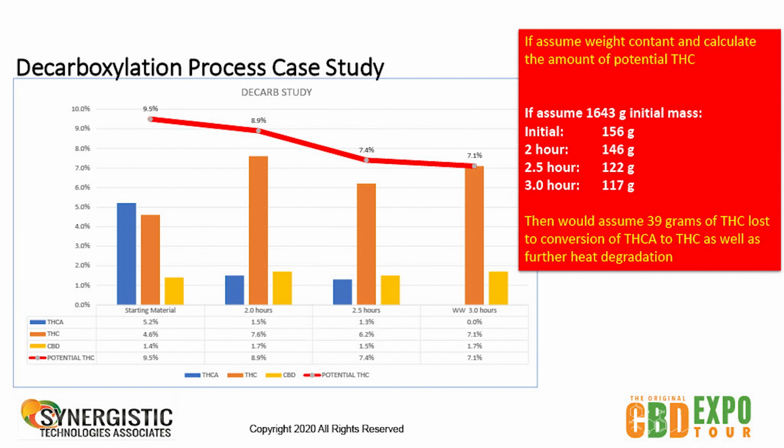Now there's a couple things that can happen. If you assume that the weight is constant and you calculate the potential amount of THC, then if you had 1,643 grams, you initially started off with 156 grams, and then you can see that it was reduced in 3 hours down to 117 grams.